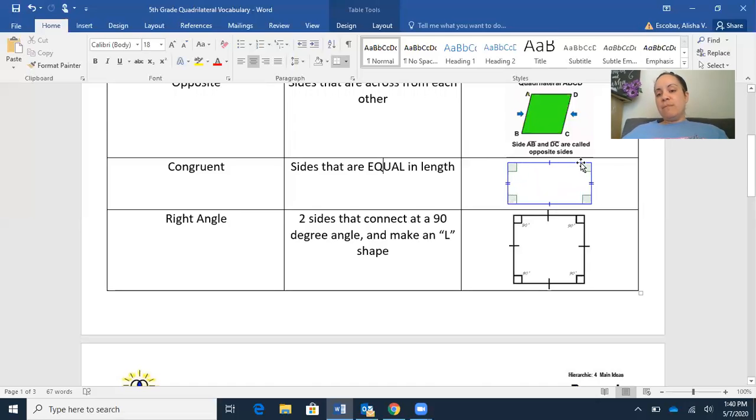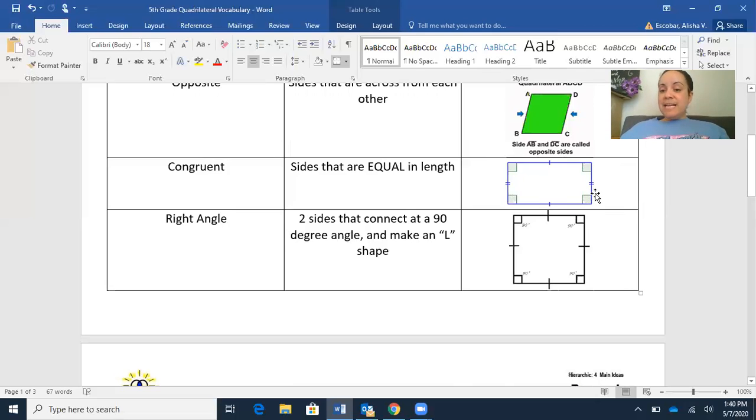This side of my rectangle is opposite to this side, but it's also congruent, which means it is the same length. So if this side is 5 inches, then that means that this side is also 5 inches because they are equal. This side is 2 inches.